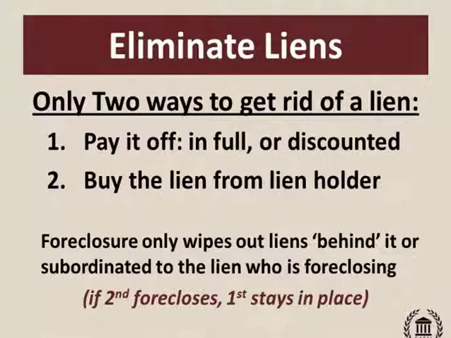HOA dues are not only a lien if they're not paid, they are a personal obligation of the homeowner, which is why you never take a deed in your own personal name in an HOA association. How do you think that I know that?